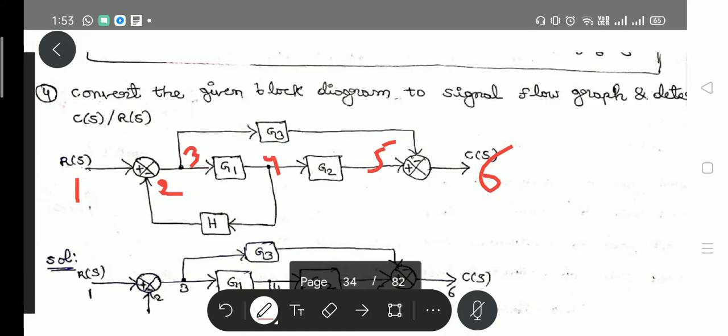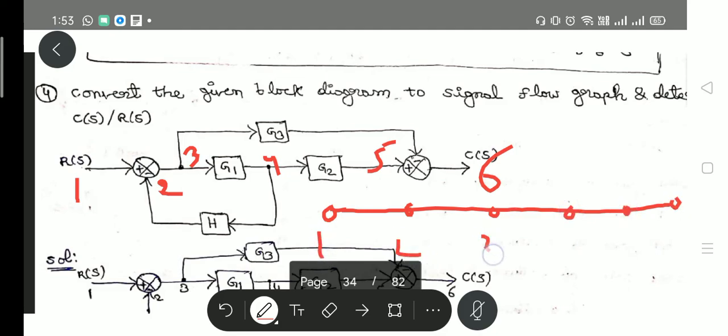Then after that you can draw one straight line. In that straight line we can take 6 nodes: 1, 2, 3, 4, 5, 6.